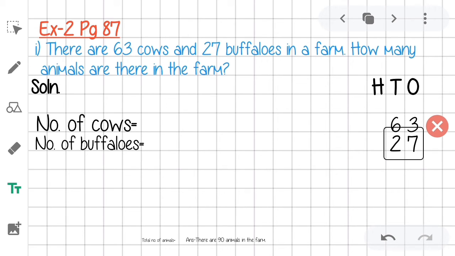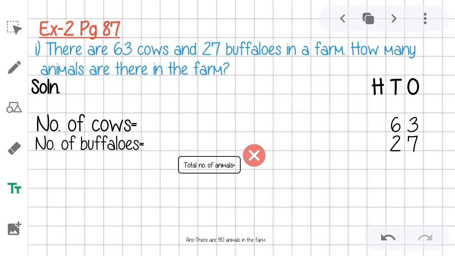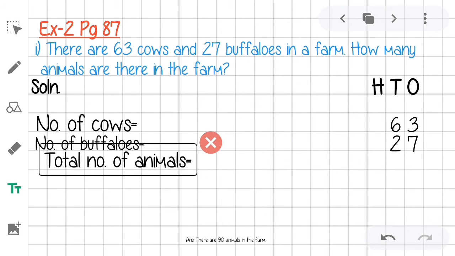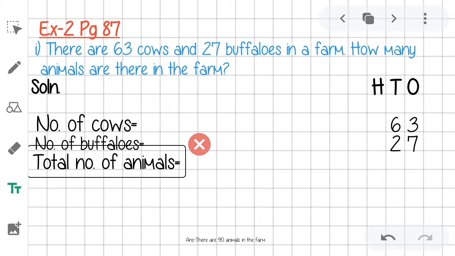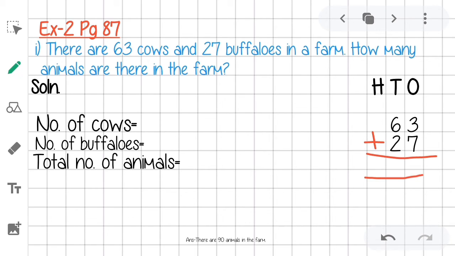Now children, we have to find the total number of animals. So the step for the same will be total number of animals. So we'll write total number of animals here. Then we will put a plus sign here. And we will add. So adding the ones place first, 3 plus 7 will give us 10. But 10 is a 2-digit number, so we will write here 0 and 1 will go as carryover in tens place.